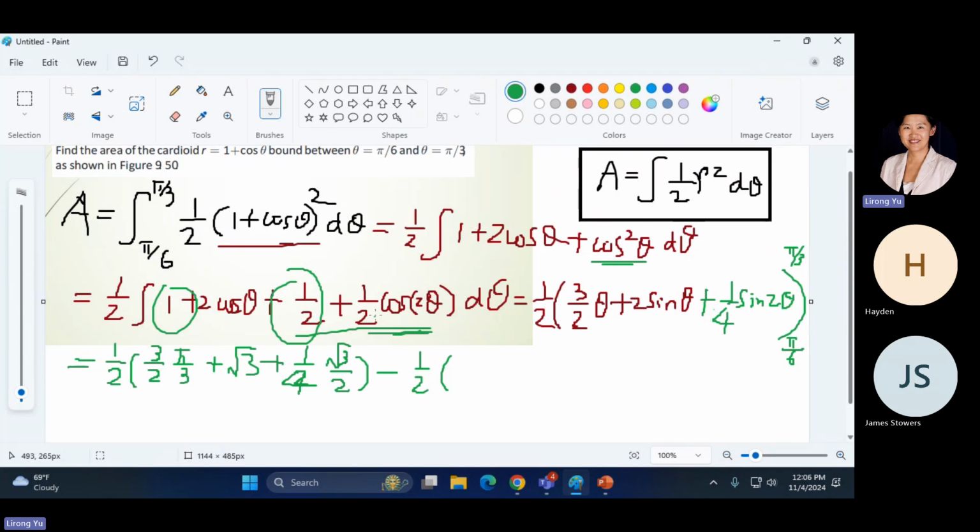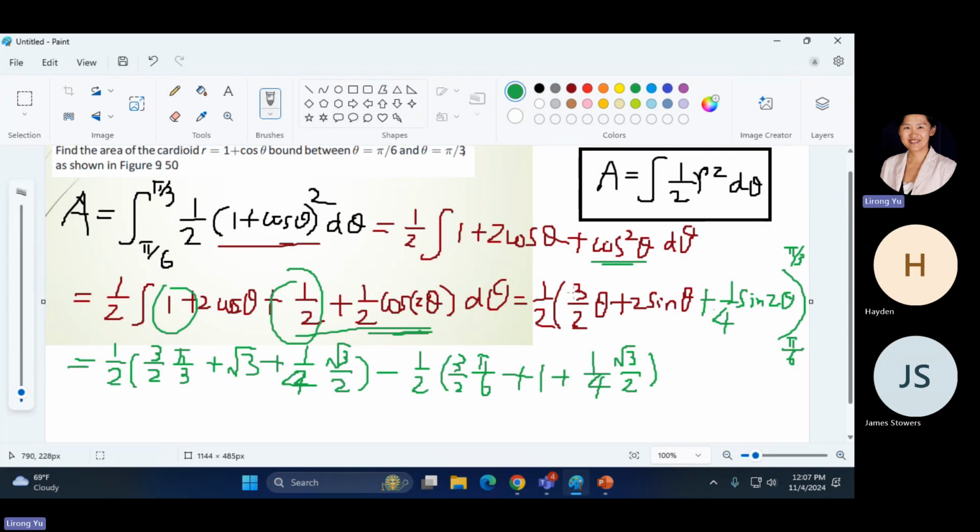We put in pi over 6, so 3 over 2 times pi over 6, plus sine pi over 6, which is 1/2. 2 times 1/2 is 1. And then we have 1/4 sine of 2 theta, which is 2 pi over 6, so sine pi over 3. That's still root 3 over 2.